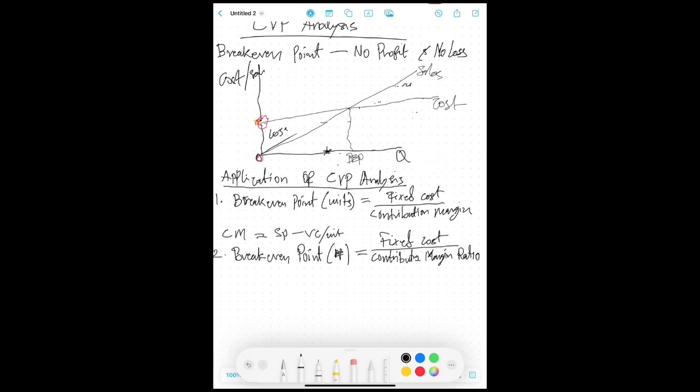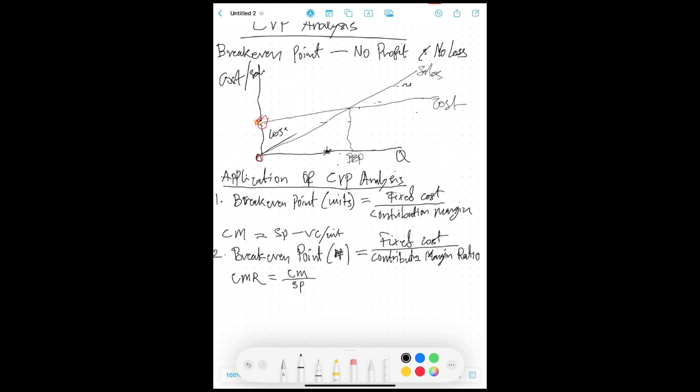The contribution margin ratio, I call it CMR. Contribution margin ratio is calculated as contribution margin, like we stated above, divided by selling price.